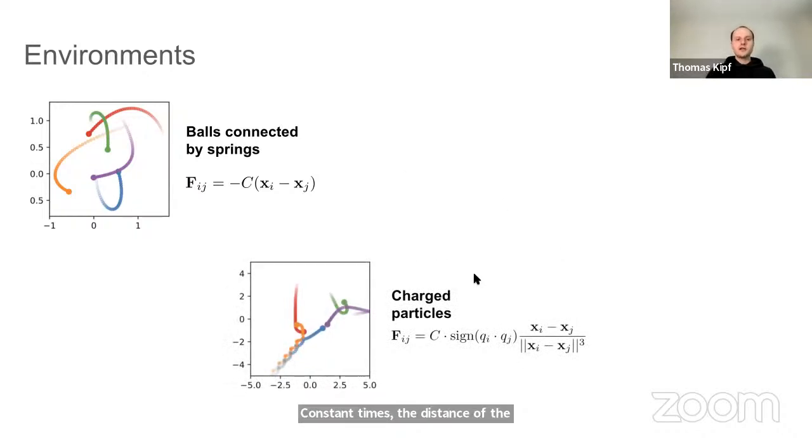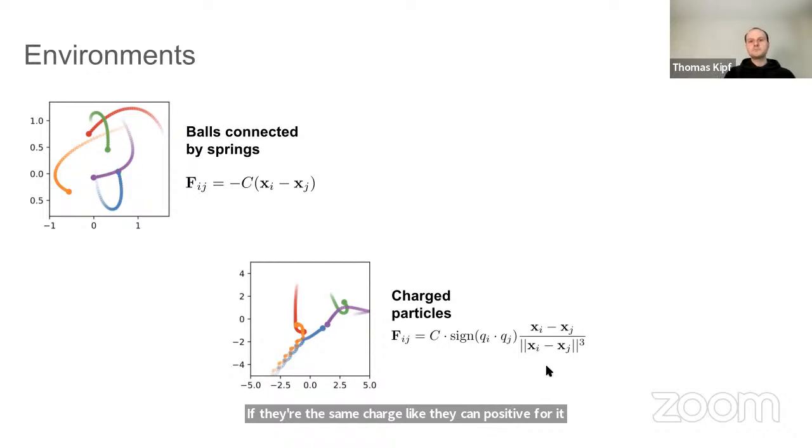We also had a charged particle simulation, which looks a bit more interesting, where the forces are Coulomb forces, where you have this Coulomb constant here, and then you have the charge of the particle. And the force is attractive if they're opposite charges, and it's repulsive if they're the same charge, like they can be positive or negatively charged.